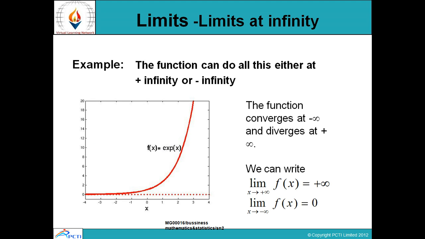Another example: the function can do this at either plus infinity or minus infinity. The function converges at minus infinity and diverges at plus infinity, which we write as limit x tends to plus infinity of f(x) equals positive infinity, and limit x tends to minus infinity of f(x) equals 0.